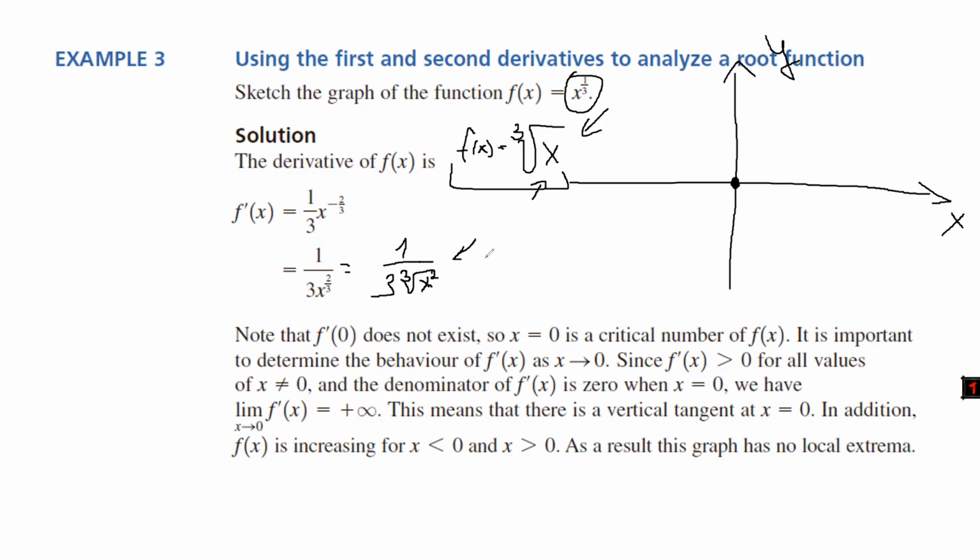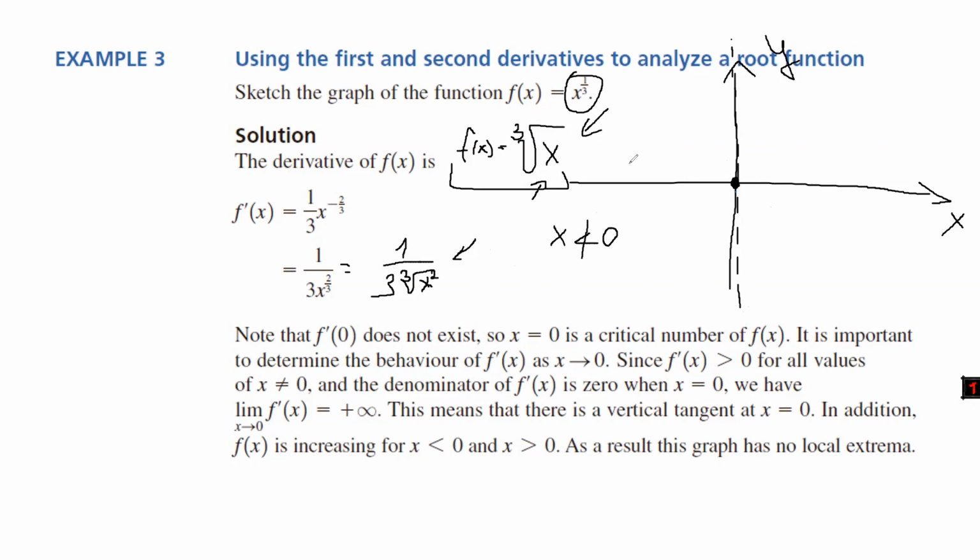I plotted x equals 0 because we're plotting the initial function, not the derivative. Okay. At this point, we don't know exactly what the rate of change is, because x cannot be less than 0.